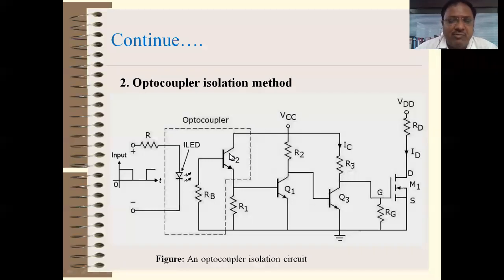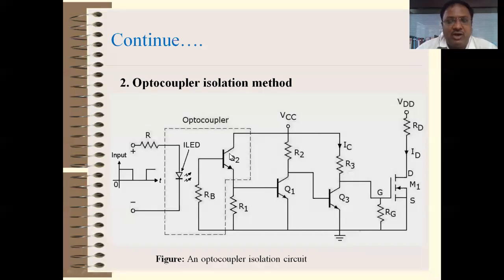And the disadvantage is, if you place your LED at a long distance, then definitely your Q2 never turns on. If Q2 never turns on, the gating signals will not be applied to the MOSFET M1. So the distance between the LED and phototransistor should not be far away.